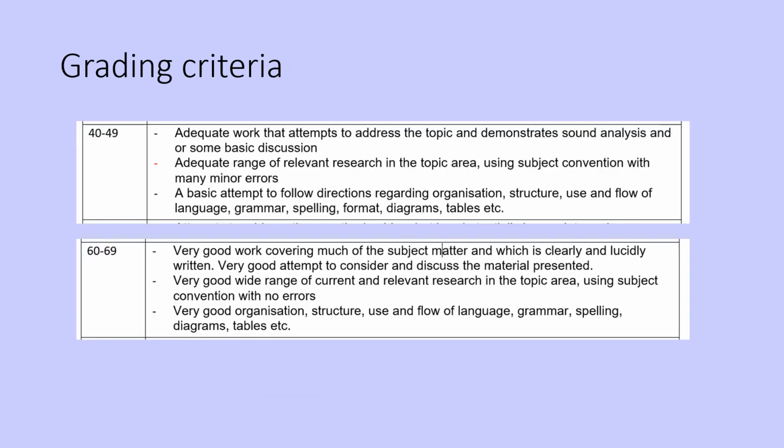So the last thing just to do is to go through the grading criteria, because it's always quite helpful to look at what's expected. So this is the level 5 grading criteria, and as you can see, I've just pulled out the 40 and the 60. So in order to pass as a bare pass, you do need to be addressing the topic and demonstrating sound analysis and discussion.